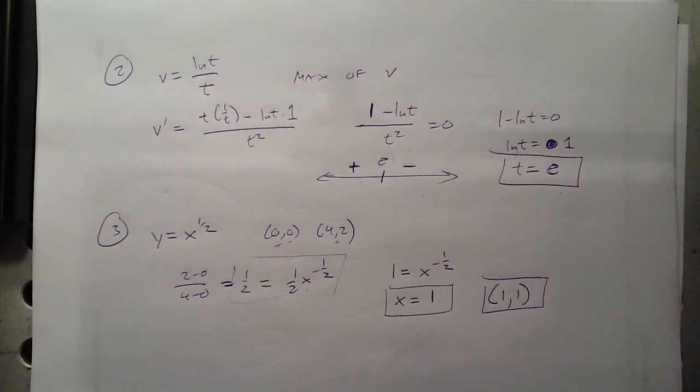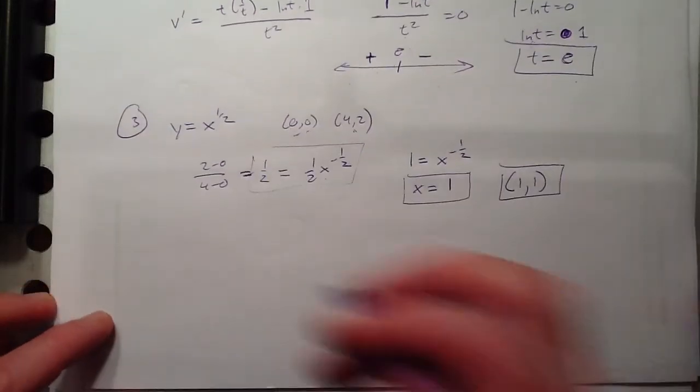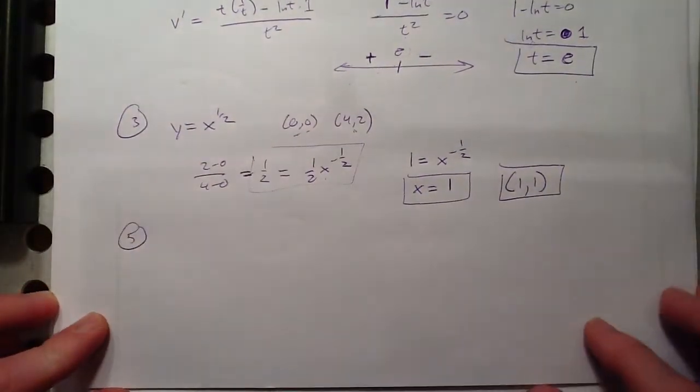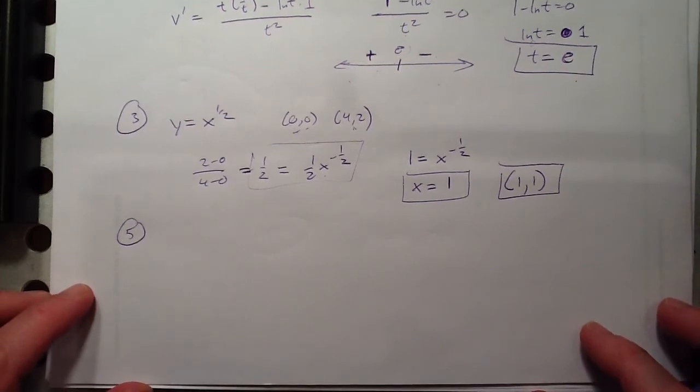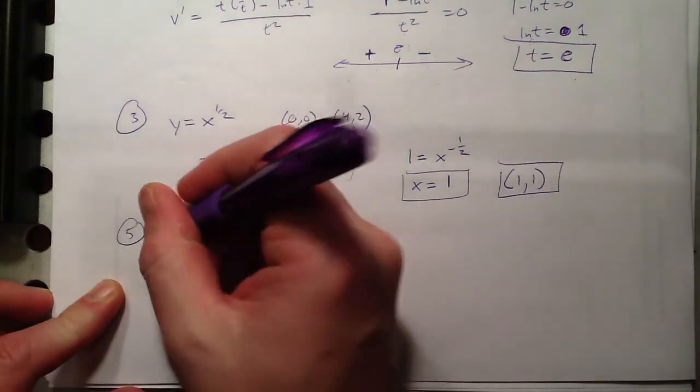Number 4 is accidentally the same as number 1. The answer is still 0. Number 5, a point moves in a straight line so that its distance from a fixed point on the line is 8t minus 3t squared.